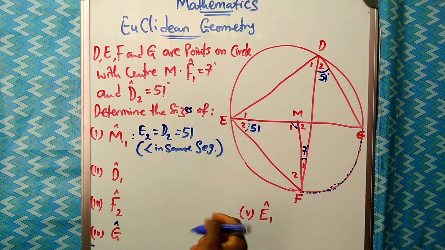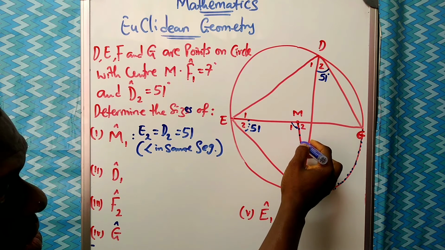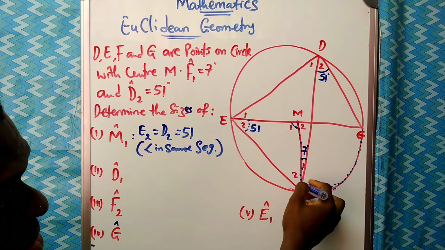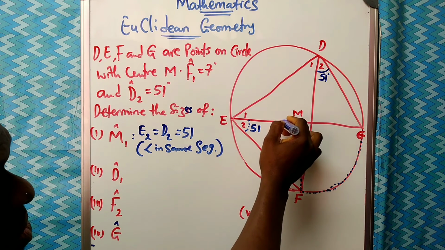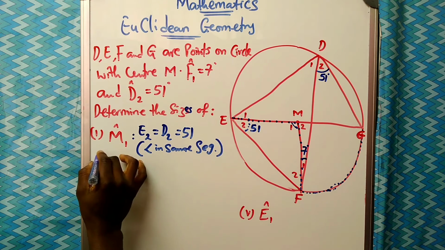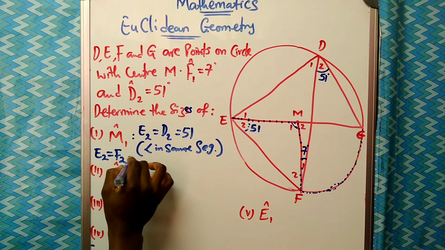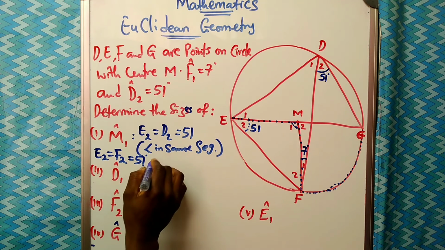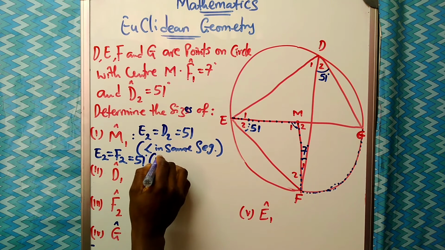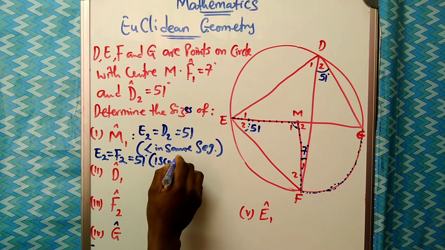Why do I say that? Because it's an isosceles triangle. Look at this. This is a radius. This is another radius. So the same line will subtend the same angle. So definitely my E2 is equal to F2, which is 51, and the reason is isosceles triangle.